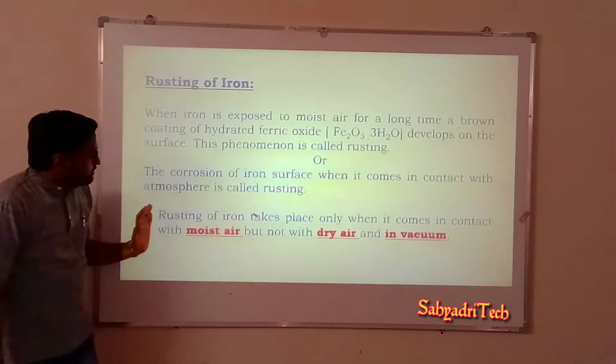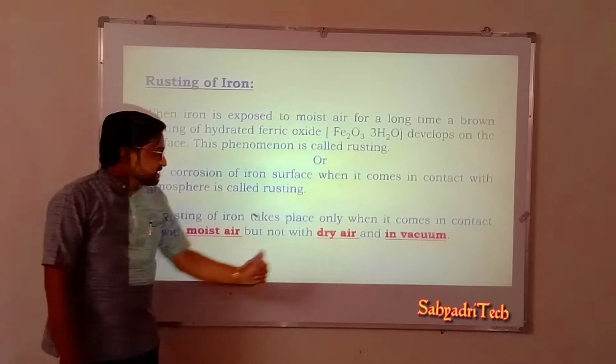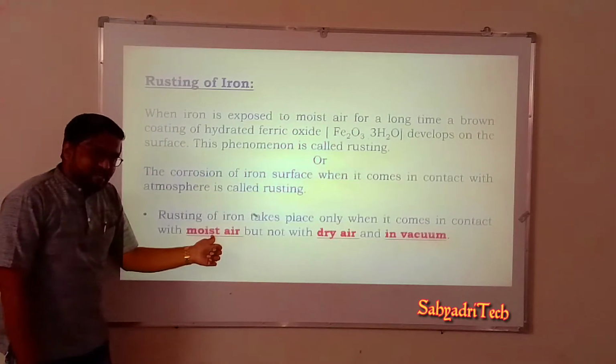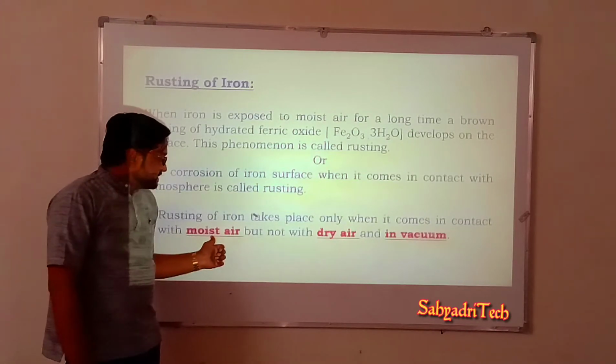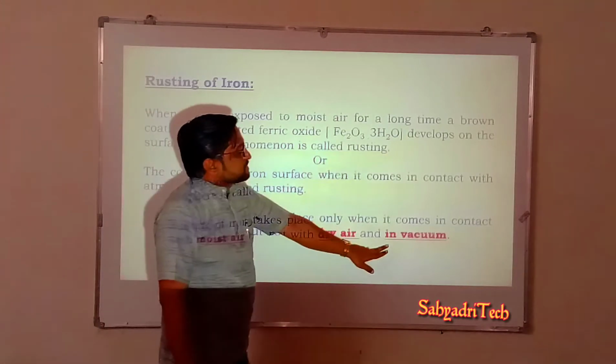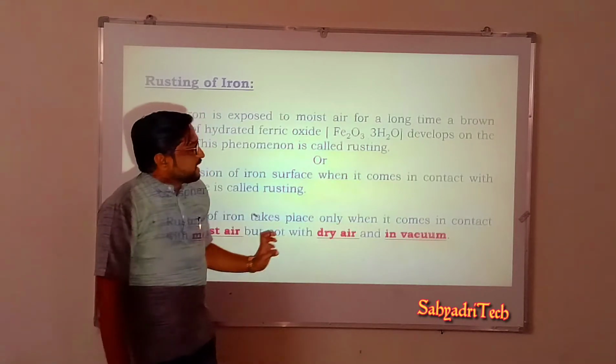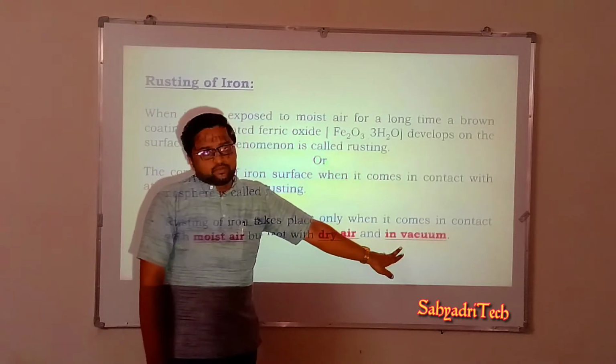So what is the thing to be remembered here? Rusting of iron takes place only when it comes in contact with moist air but not dry air. Similarly, the rusting of iron takes place only in presence of moist air and not in vacuum.